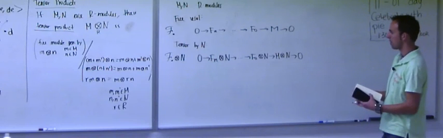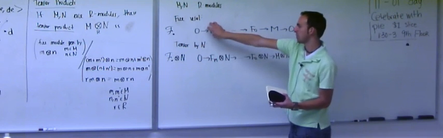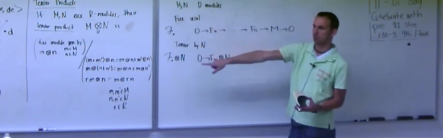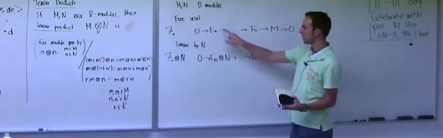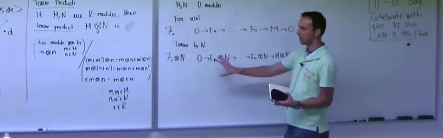So far I have defined for you how to take each element here and send it to an element here by this tensor product. But I haven't shown you how to take the maps here to define maps here, right?